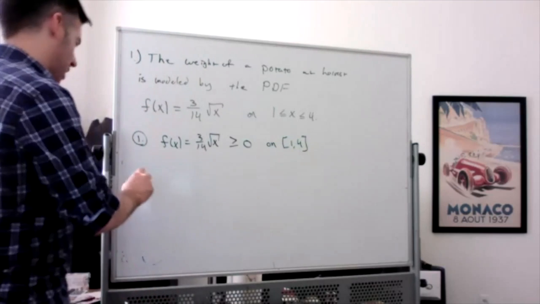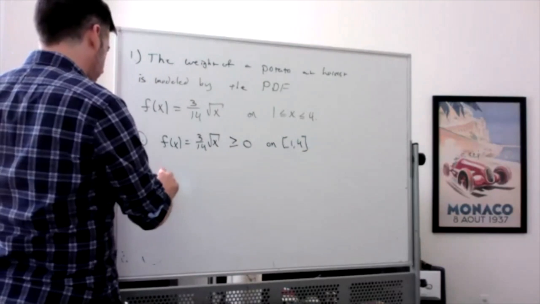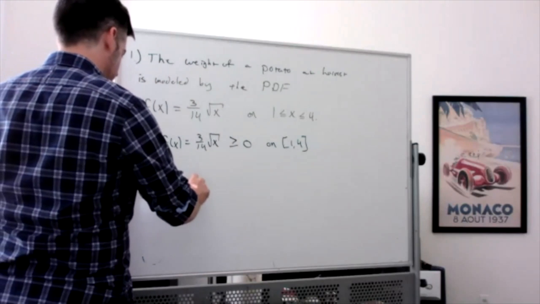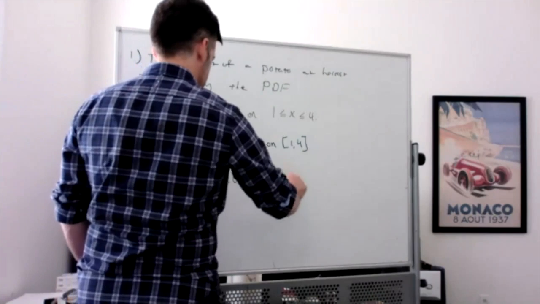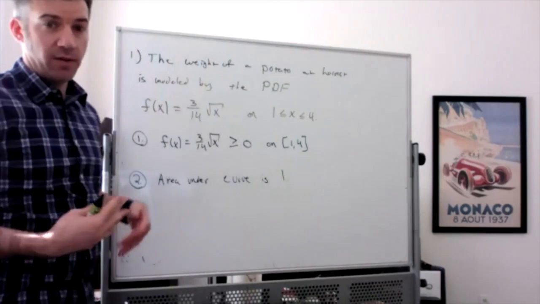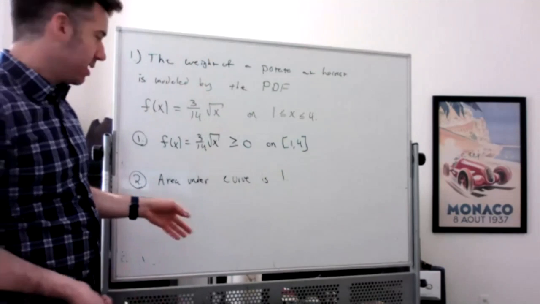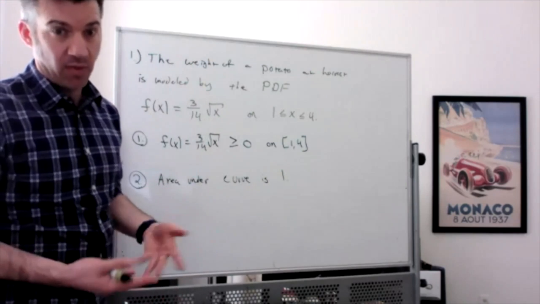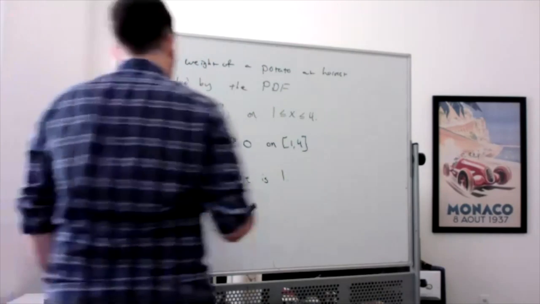The other thing we have to check, and this is the more important thing, is that the area under the curve has to equal 1. Just like all the probabilities have to add up to 100% or 1, here all the probabilities have to add up or have an area of 1. So let's go ahead and check that.